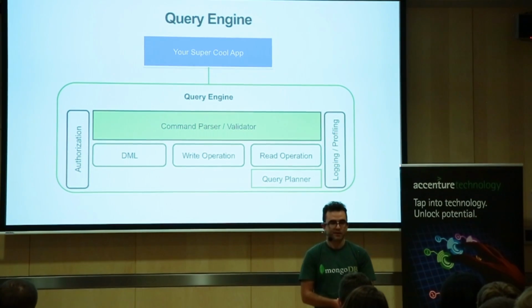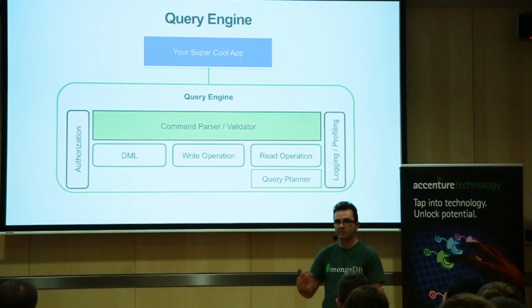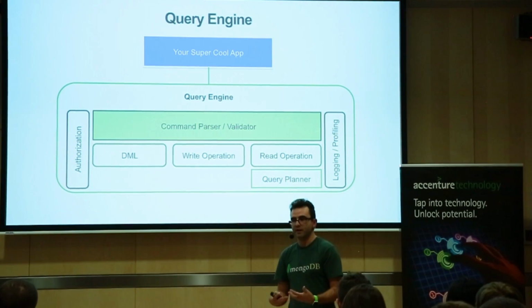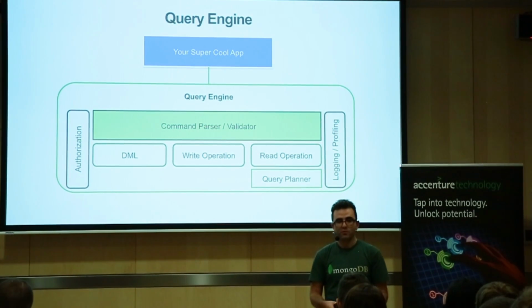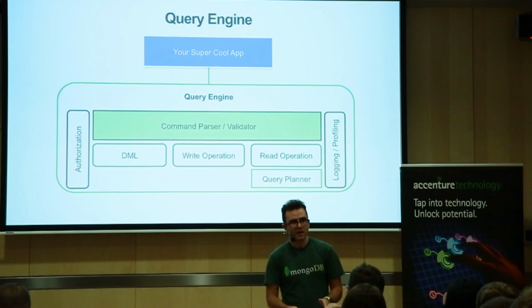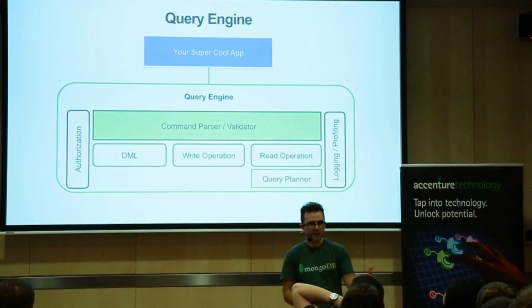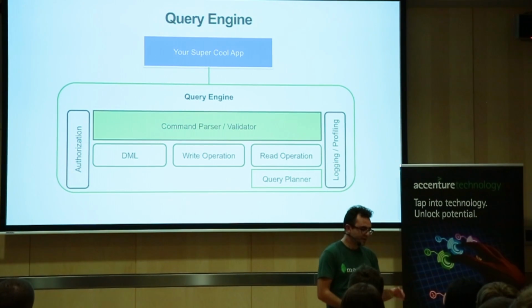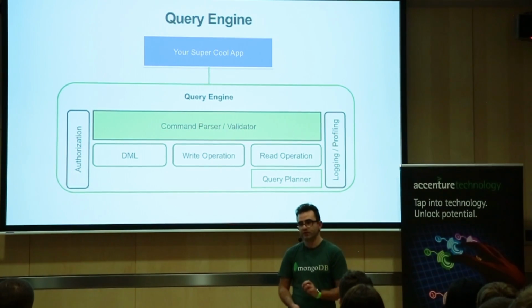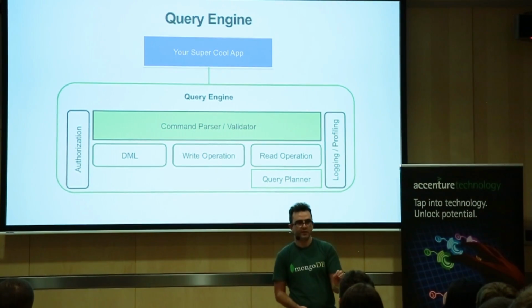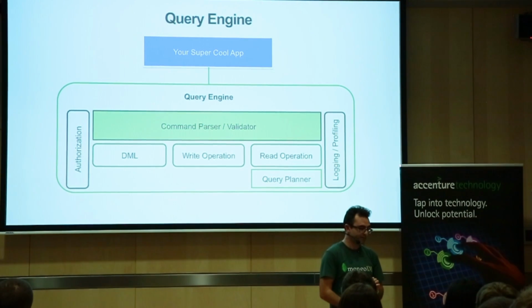It will do the parsing of that command. Everything in MongoDB that you send us is going to be defined as a command. That command will have a set of instructions, and we're going to be validating those instructions are correct. We are also going to be doing document validation in 3.2 that I'm going to be talking about and showing to you guys in a few seconds.